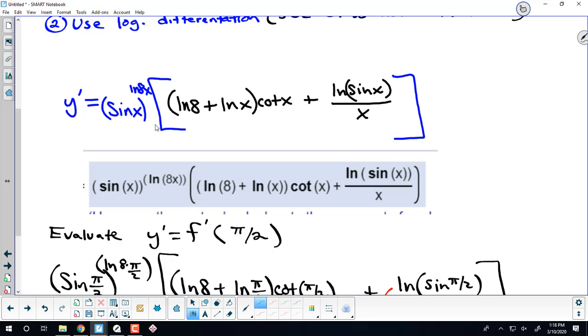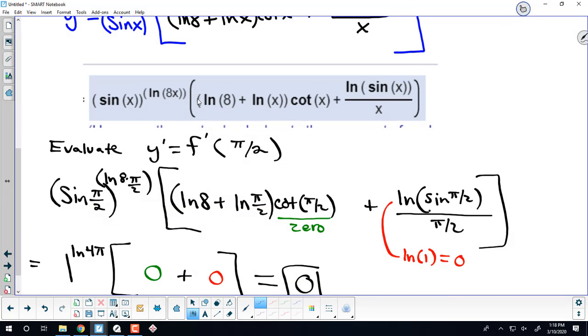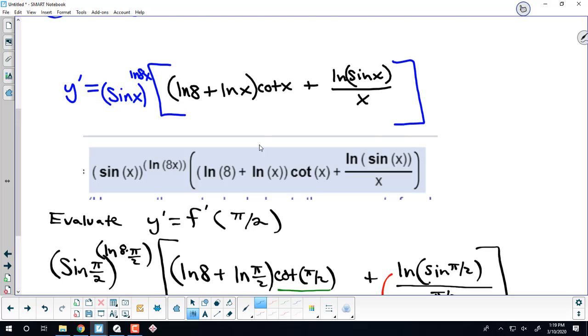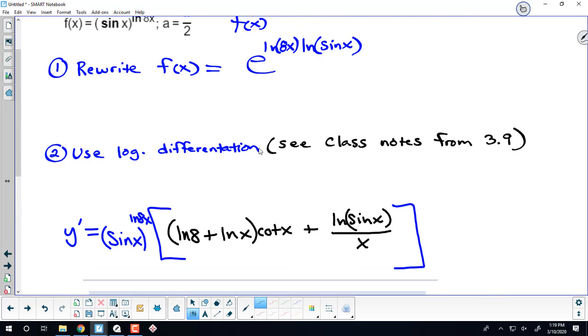I was also going to ask, because when I was solving that one, it was giving me a bit of a hard time. Instead of separating the ln 8 and the ln x by adding them together, couldn't you just keep them together and make a product out of that? That way you don't have to have some parentheses.